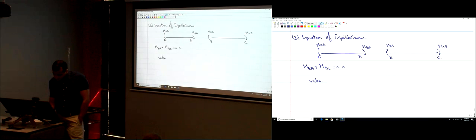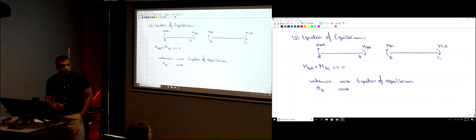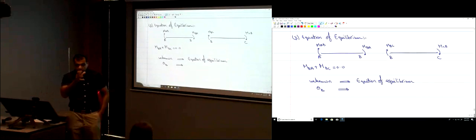In this problem, for example, the unknown was theta b, right? So here, blindly, I can say that the equation of equilibrium: the unknown is theta. Theta is a rotation, right?